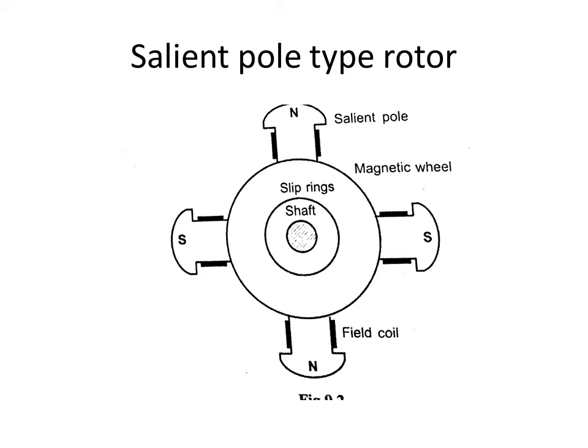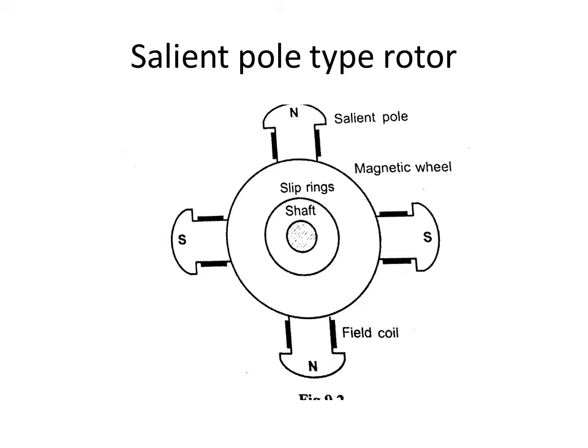What do we mean by projected pole or salient pole type rotor? Here the poles are projected out from the surface. You can see in this diagram the rotor part.